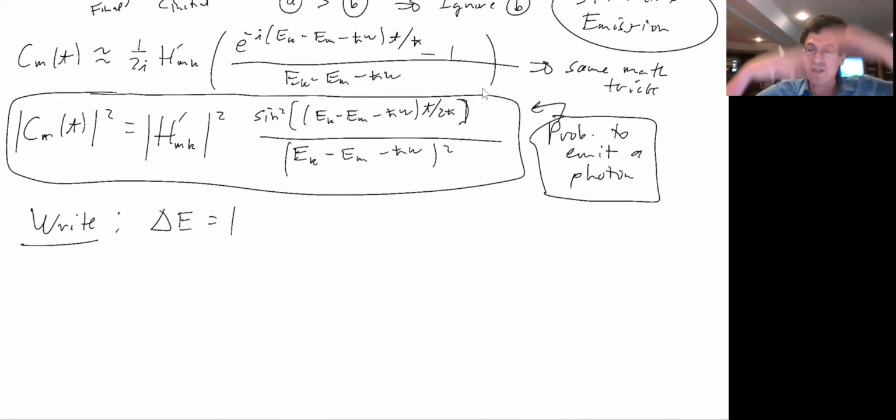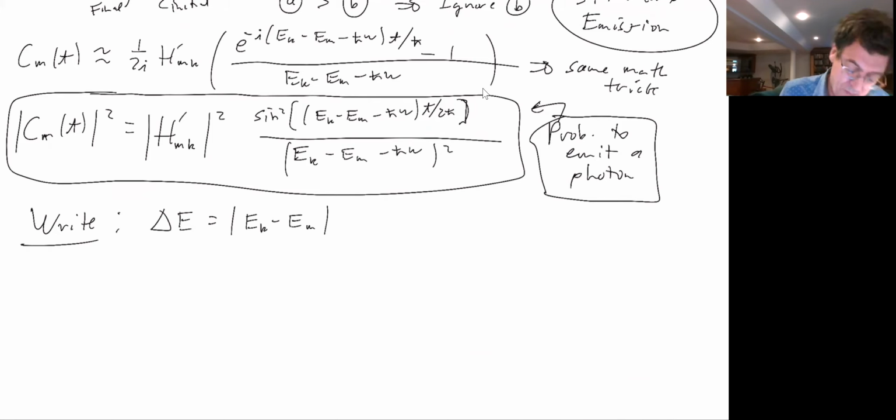So let's not worry about which one is on top and bottom. That's going to be EK minus EM, in absolute magnitude. And if we make that assumption, then the probability of either stimulated emission or stimulated absorption into some final state that's delta E away is going to be this.